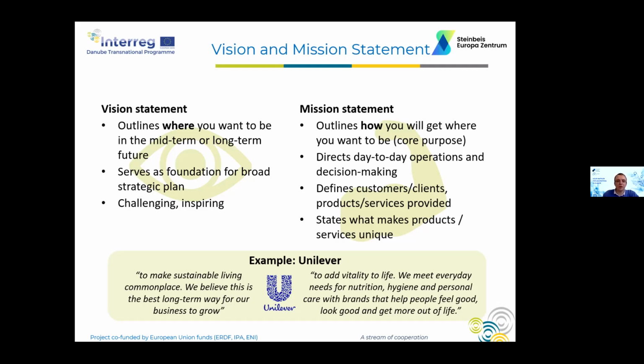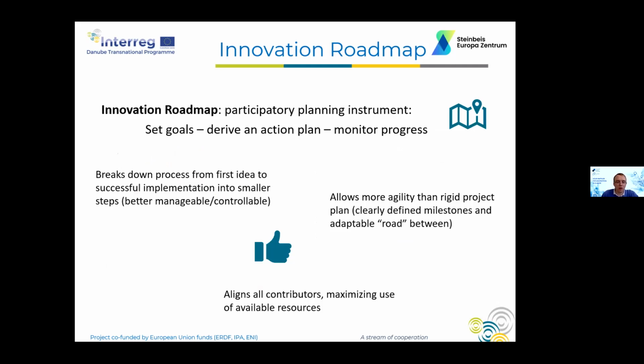Another important step when you define the vision and mission is to derive an innovation roadmap. So basically an innovation roadmap is to break down all these objectives in smaller steps to be able to better manage and control them. And you need then to define some activities, some milestones. You need actually to define the pathway you will use to get to these long-term objectives.